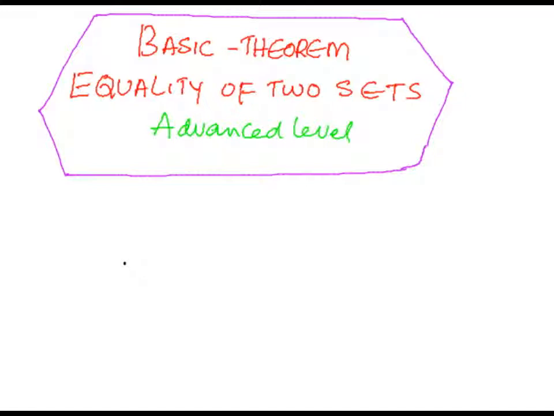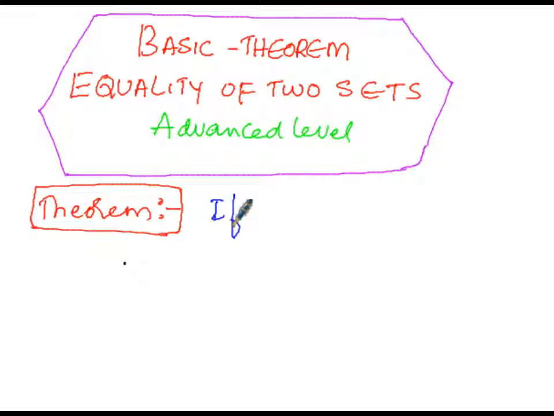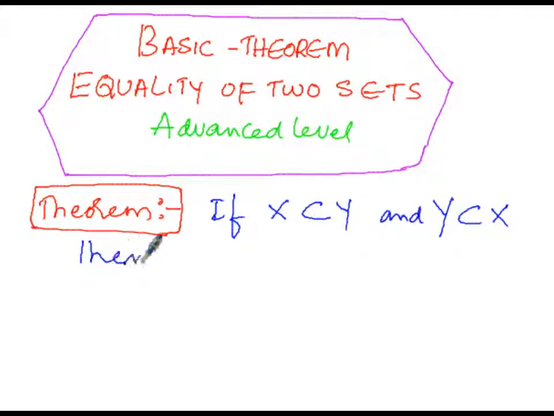Now, here the theorem states that if set X is a subset of the set Y and set Y is a subset of the set X, then we have to prove X equals Y. Then show that X equals Y. Here X equals Y is to be proved.